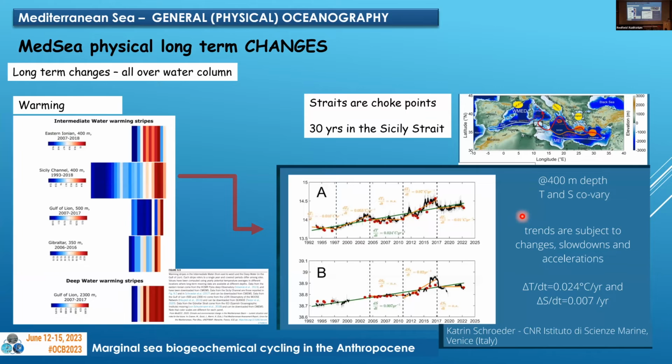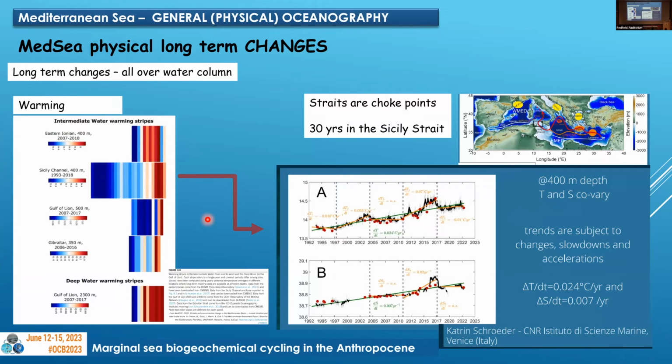Here you can see as well that warming is also happening in intermediate waters. You see the stripes for different areas, like in the Eastern Ionian, Sicily Strait, Gulf of Lyon, and in the deep waters of the Western Mediterranean.